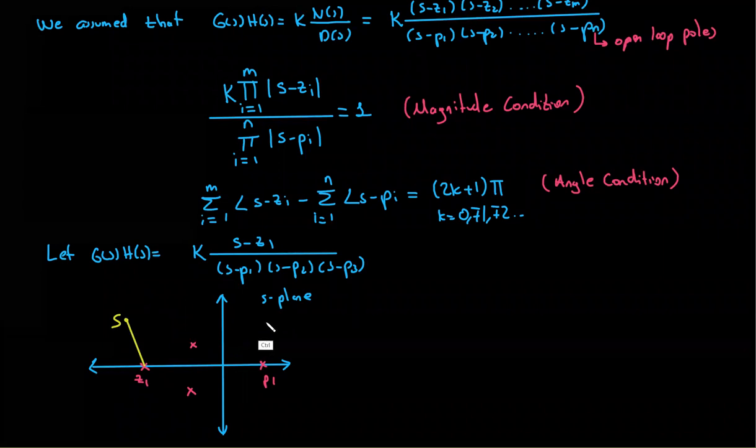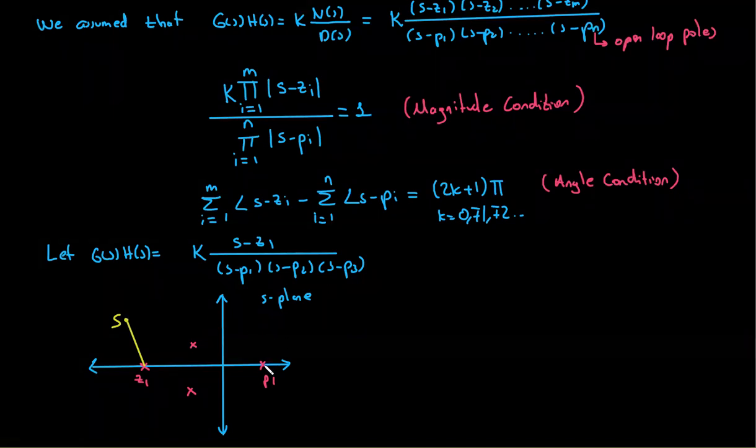I can pick any test point and inspect whether it is on the root locus or not. If I'm given this specific test point over here, I will inspect these vectors: s minus z1, s minus p1, p2, and p3. Let me plot all of them. I will pick another s point because this coincides with those two. Let me pick another s point a little bit over here.